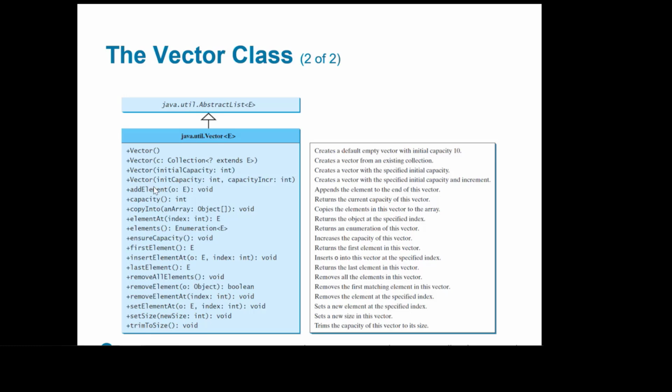You can add an element, check the capacity, set size, trim size, get first element, insert element, last element, and so on. When we implement stack, those methods will not be there. Remove element at this position, or at this particular index, will no longer be available to us.